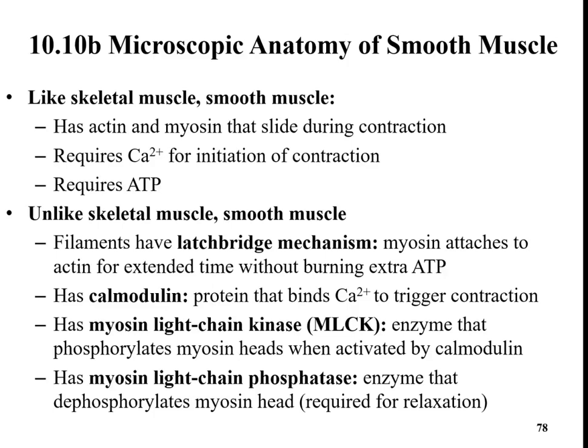And myosin light chain phosphatase is going to be the enzyme that dephosphorylates the myosin head. So myosin light chain kinase is basically going to be the enzyme that turns on or initiates the contraction, whereas the enzyme that causes relaxation is going to be myosin light chain phosphatase.